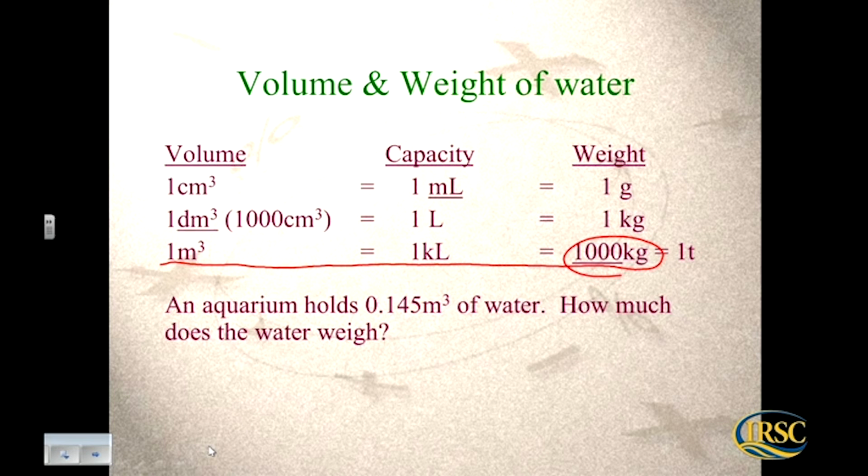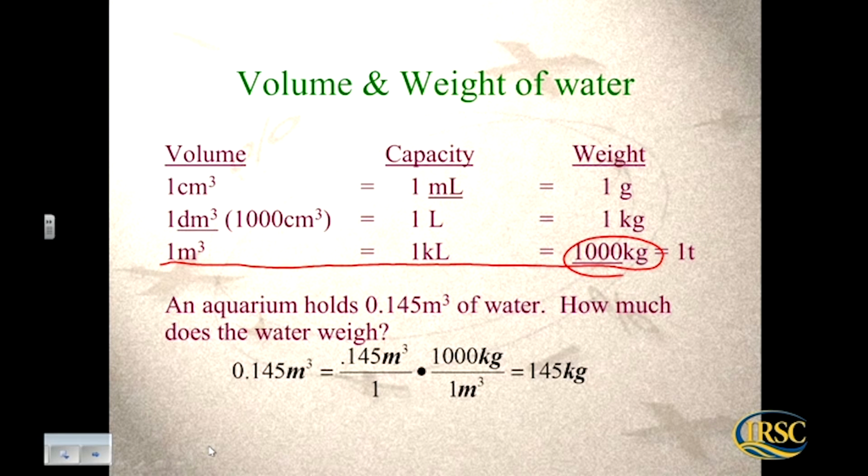Okay, it's something that you can't necessarily visualize and so on. So we want to use the kilograms here. So putting your 0.145 cubic meters over 1, and so your unit fraction should be 1,000 kilograms over 1 cubic meter. And then when you multiply, you get 145 kilograms.